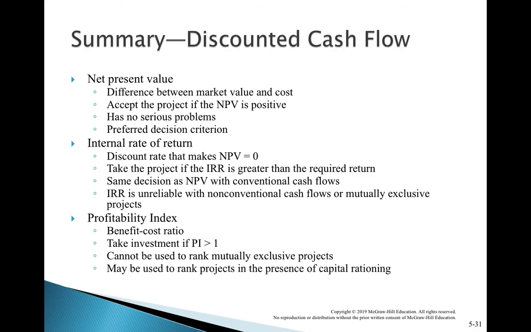May be used to rank projects in the presence of capital rationing. Capital rationing means there is a limited amount of capital available. For example, your management says only 1 million riyal is available. So if you have 5 projects, you cannot take all 5 if they cost more than 1 million. Your rationing here is 1 million. In that case, you have to do cost benefit analysis and take those projects which have high PI.